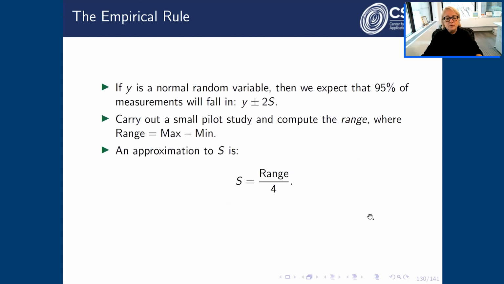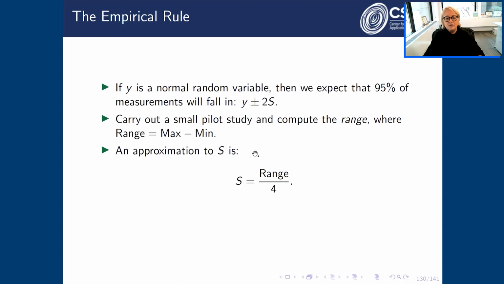And the empirical rule is very simple. If the variable you're working with is kind of normal, so the distribution is kind of symmetric, then you would expect that 95% of the values fall within y plus or minus 2 standard deviations. Remember the 68, 95, 99.7 rule for the normal random variable.